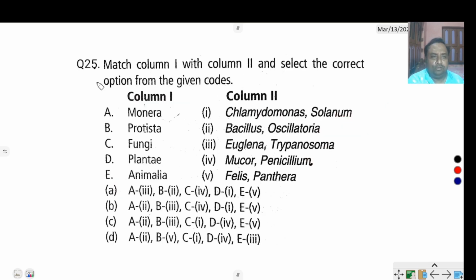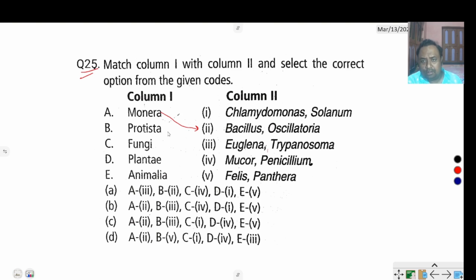Next, question 25. Match column 1 with column 2 and select the correct option. Which examples are Monera? Bacillus and Oscillatoria, these are bacteria.